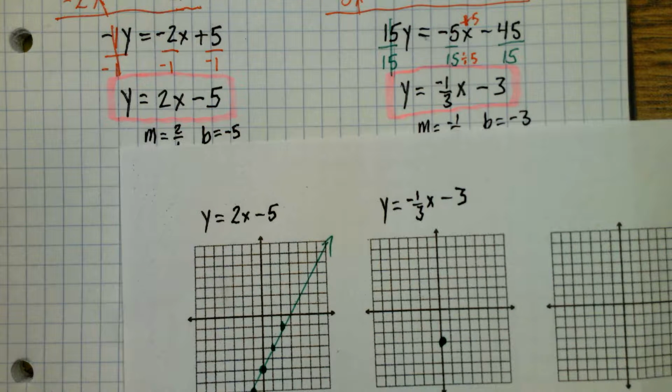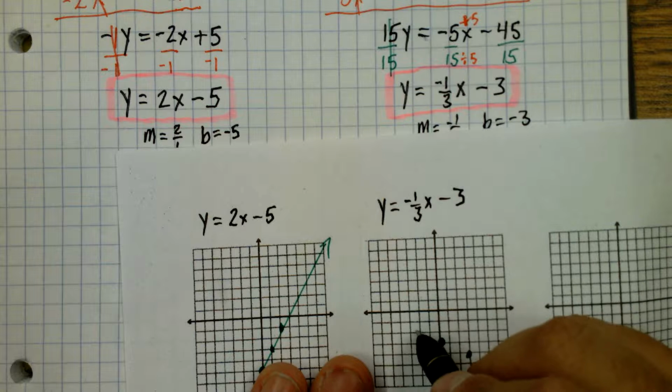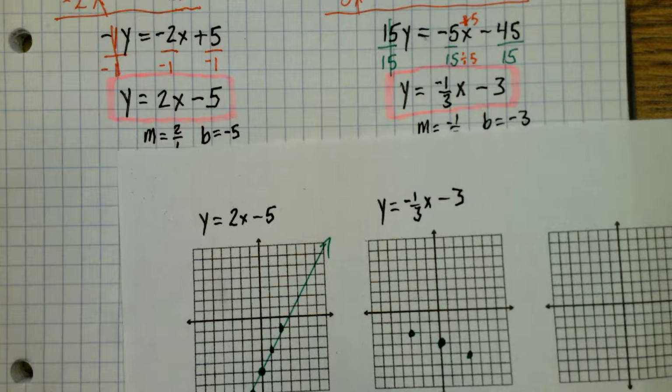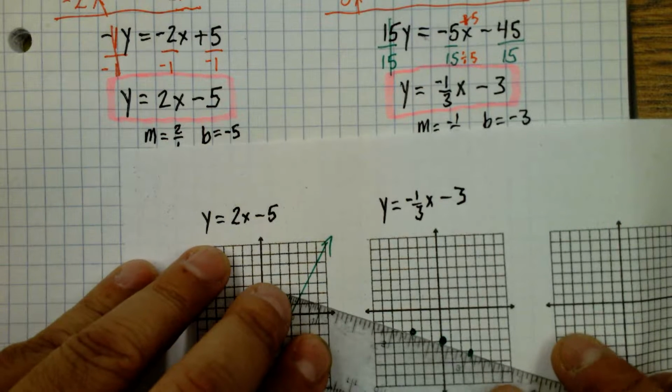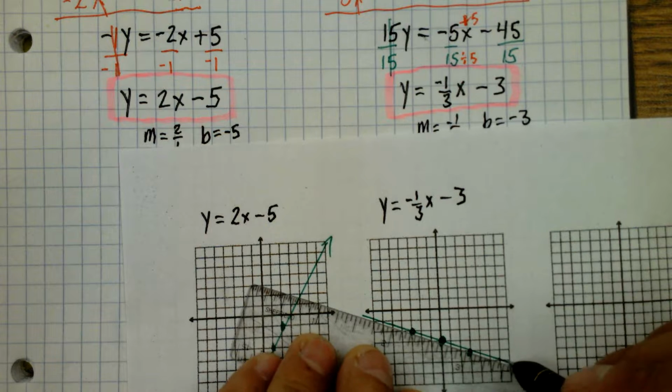And then the slope is negative 1/3. Do I go up or down? Down 1 to the right 3. I can also go up 1 to the left 3. And I know this is correct, or I have a good idea it's correct, because it should be descending. It should be going down. So there we have our line.